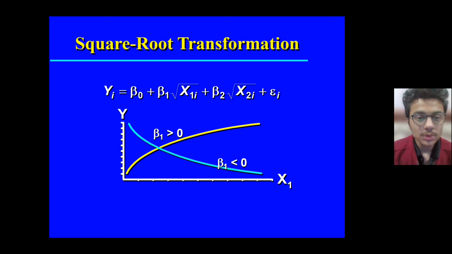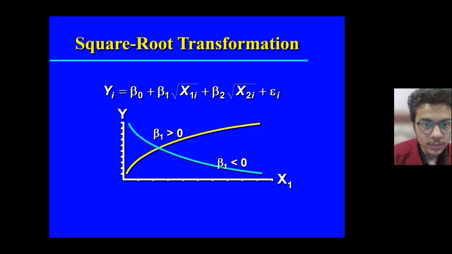This is the square root transformation equation, and the graph depicts the square root function. You learned this graph in 12th class. The yellow line is for beta 1 greater than 0, and the blue line is for beta 1 less than 0.